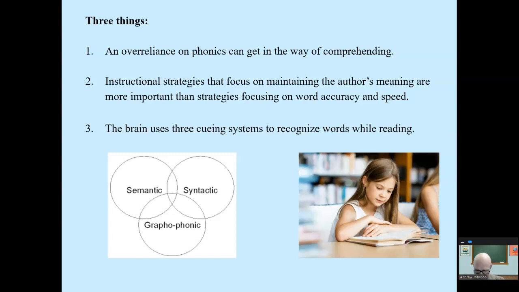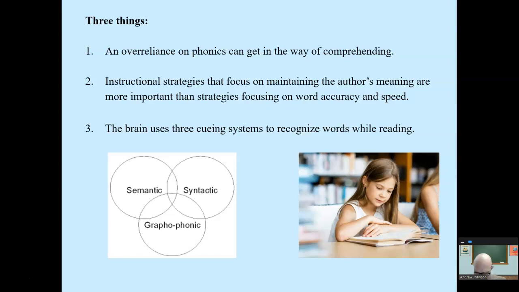Second, instructional strategies that focus on maintaining the author's meaning are more important than strategies for focusing on word accuracy and speed. And the third point I'll hit on a lot of different times tonight: the brain uses 3 cueing systems to recognize the words while reading: the semantic, the syntactic, and the phonological.